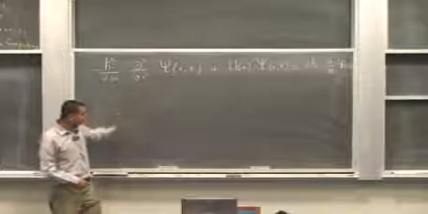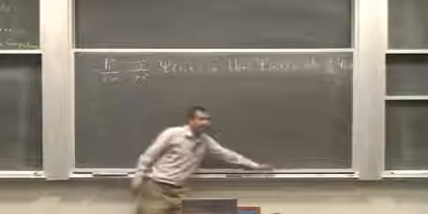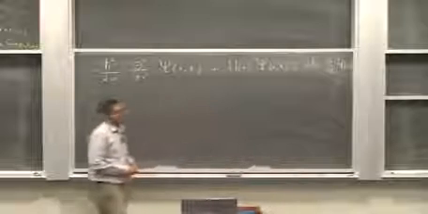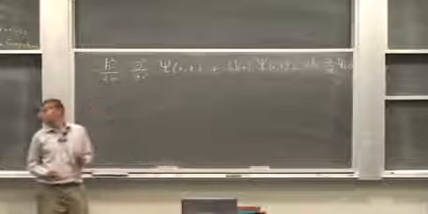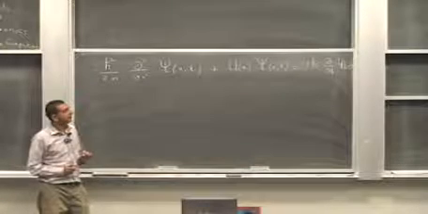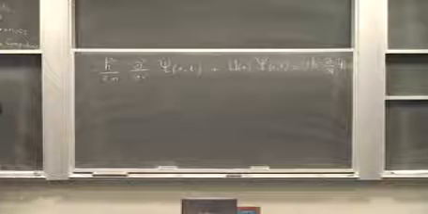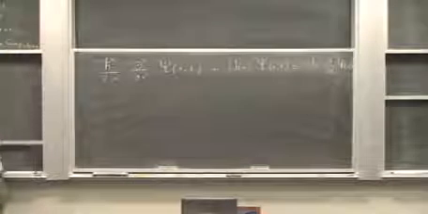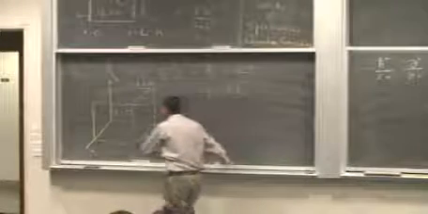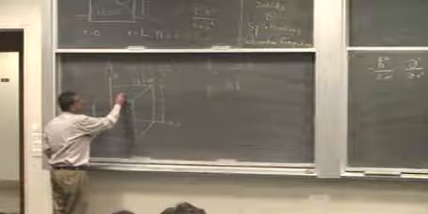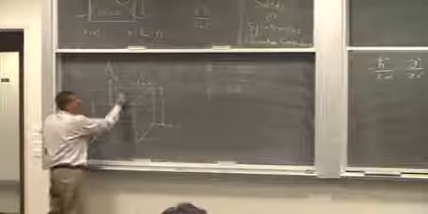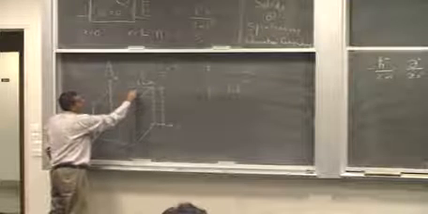Now, how does this problem change if we move from 1 dimension to 3 dimensions? First of all, we know that in 3 dimensions you have a point in 3 dimensions. Instead of x, we have x, y and z.